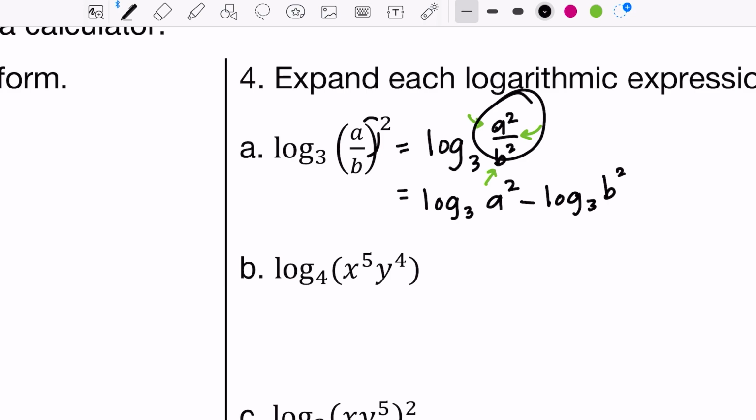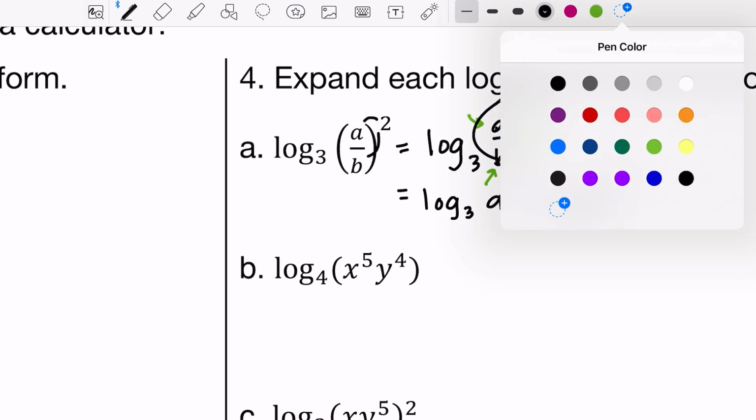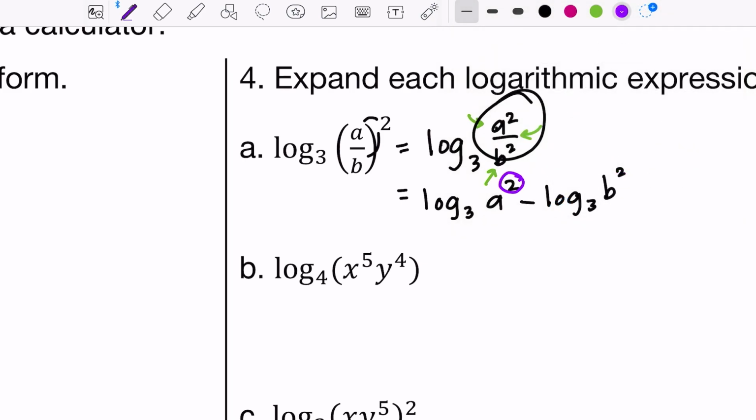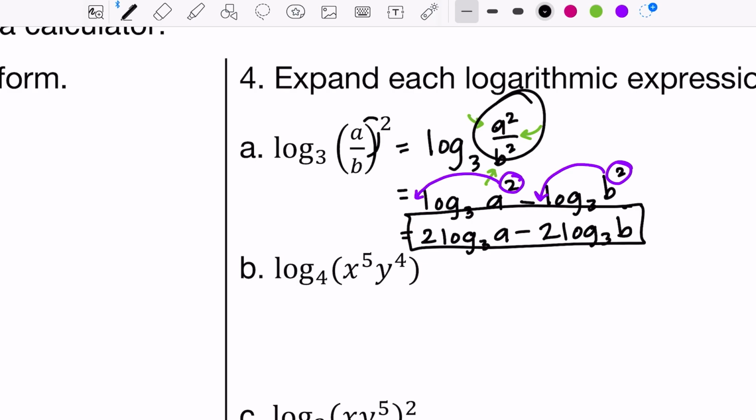And then the other rule that we learned about is that if you have a power right here, it needs to come down in front. And there's a power here too, and that means multiply. So you're just going to multiply it to the front of that logarithm. You will know you're done with expanding when you only have just a letter or a number in the argument there. Okay, not more than one.